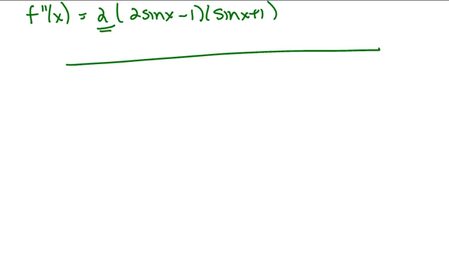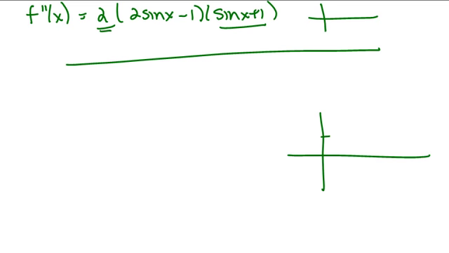So this is going to be positive everywhere, and this one, if you graph it, let me do it down here, it's a sine wave that's moved up 1, so it's going to look like that. And that means that it's also always positive. So these are always positive, so I'm not going to put these on a number line.